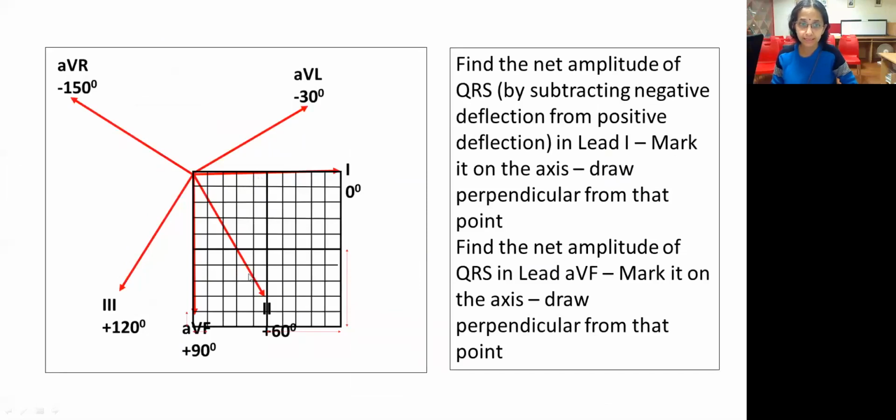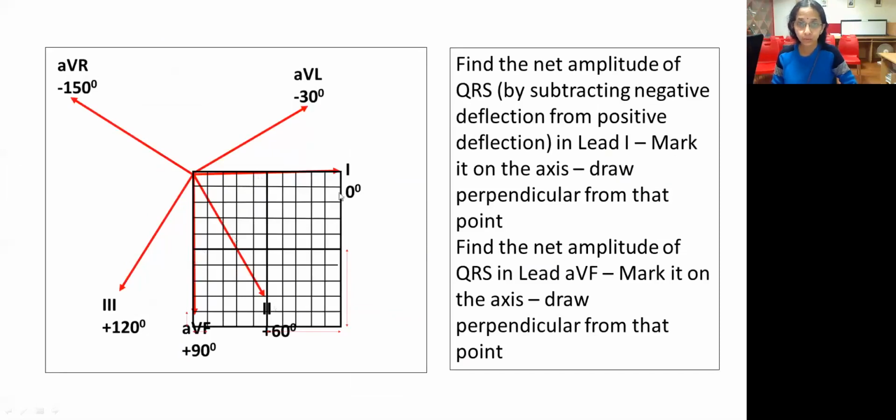and then you draw a line perpendicular from this lead. Similarly, at AVF, for example, you have a dominant R and a small s with a net deflection of 3. Then you will have a point here. So the junction where these two perpendicular lines meet is going to be the point which decides the axis, which is 60 degrees.